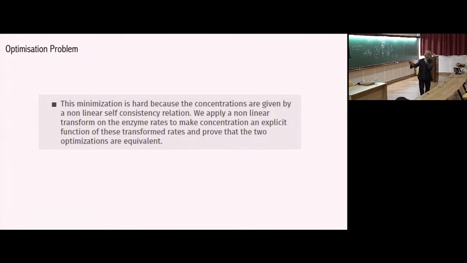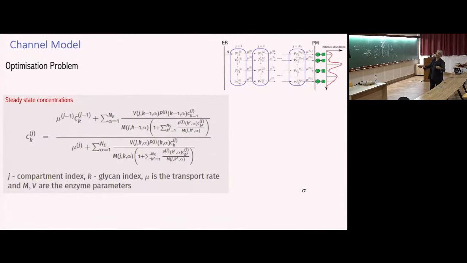Okay, so I just wanted to state that this minimization is highly non-convex, and therefore is very, very hard because it's not easy to relate the concentrations to these parameters.